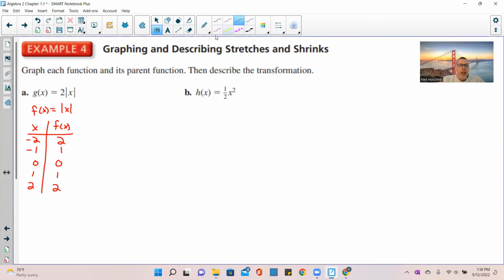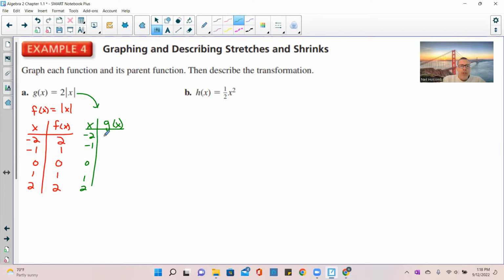Then I'll switch colors, and take the g of x function, and say, here's x, and here is g of x. What is y when x is -2, -1, 0, 1, and 2 again? If I take -2 and take its absolute value, that would be 2, and then multiply it by 2.